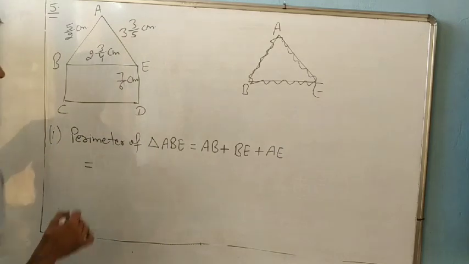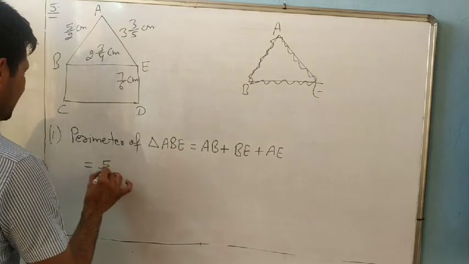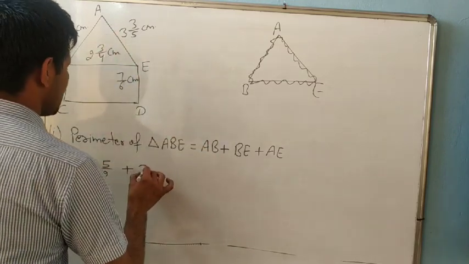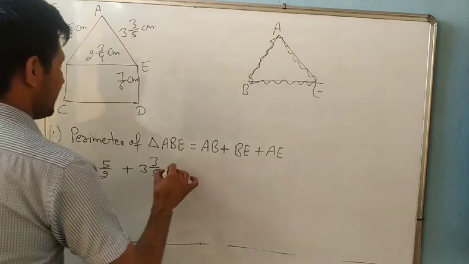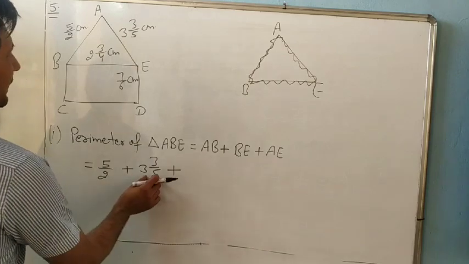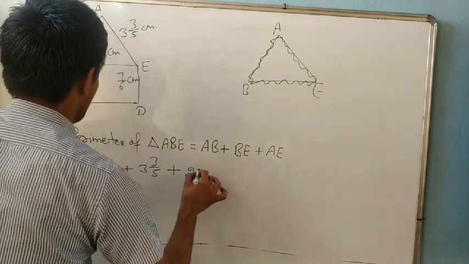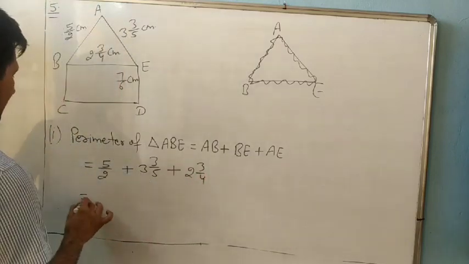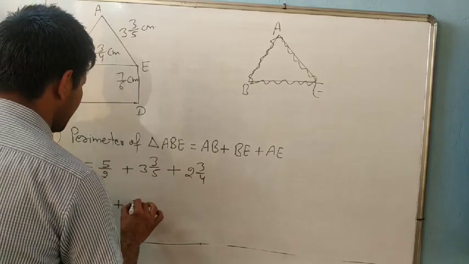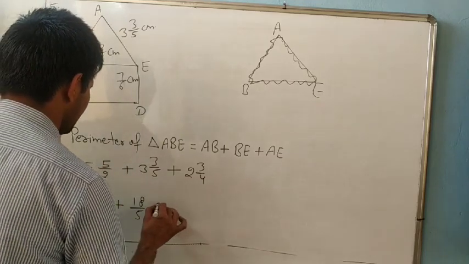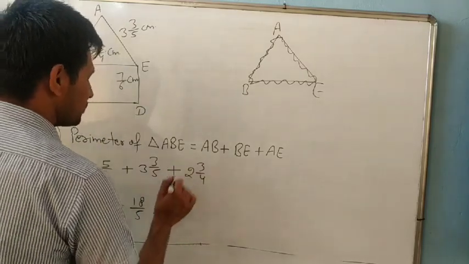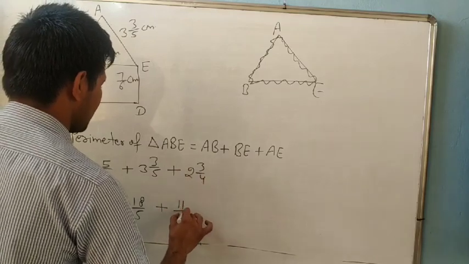AB is 5 by 2, plus BE is 3 and 3 by 5, plus AE is 2 and 3 upon 4. Change into fractions: 5 upon 2, 5 times 3 is 15, 15 plus 3 is 18, divided by 5, plus 4 into 2 is 8, 8 plus 3 is 11 divided by 4.